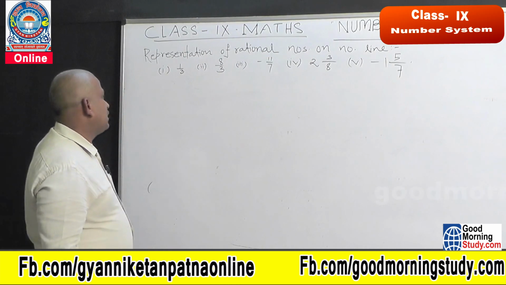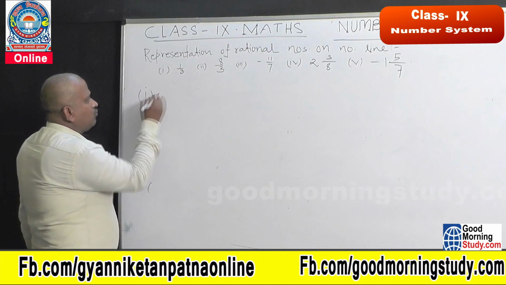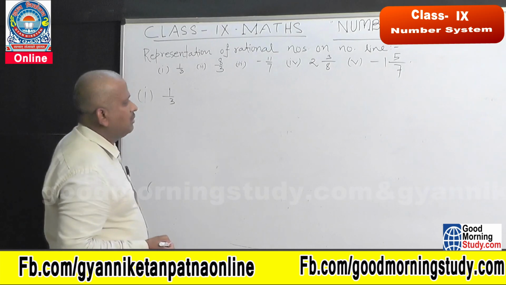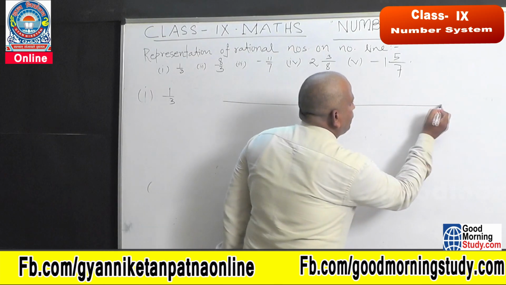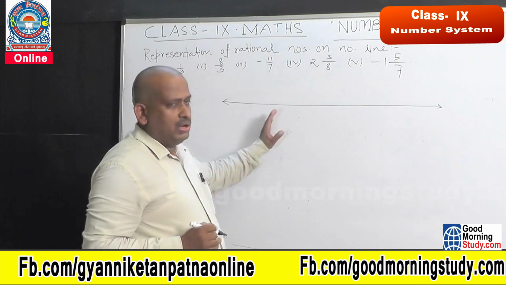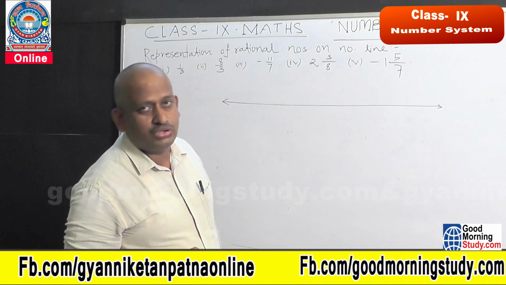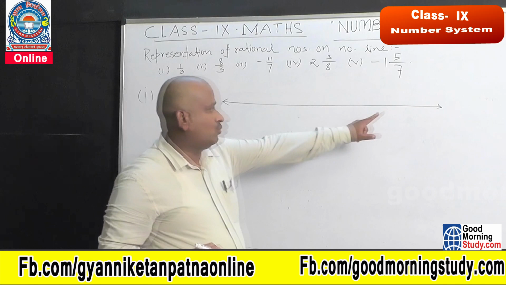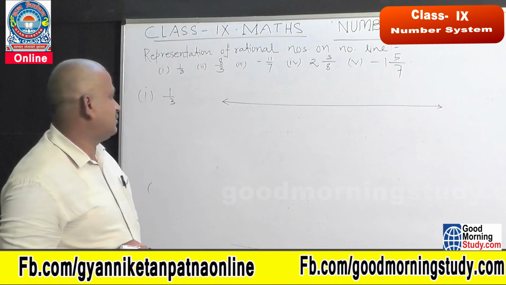Children, first question I am going to represent 1 by 3. So see, what will you do? 1 by 3 we are going to represent on the number line. So children, first of all, you will draw one line. Since this is line, so both end will extend infinitely. This arrow indicates that the line is going to infinite in both the direction.